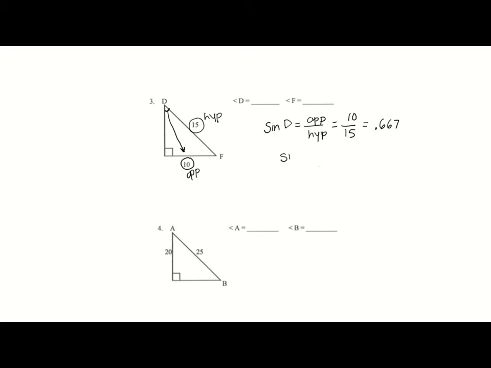And if I have the sine of D equals 0.667, I can either look up that value on my table and see what angle D is going to be, or I can plug in the inverse and figure out what D is. So if I take the inverse sine of 0.667, that is going to give me angle D by itself, which when I plug that into my calculator, I get 42 degrees.